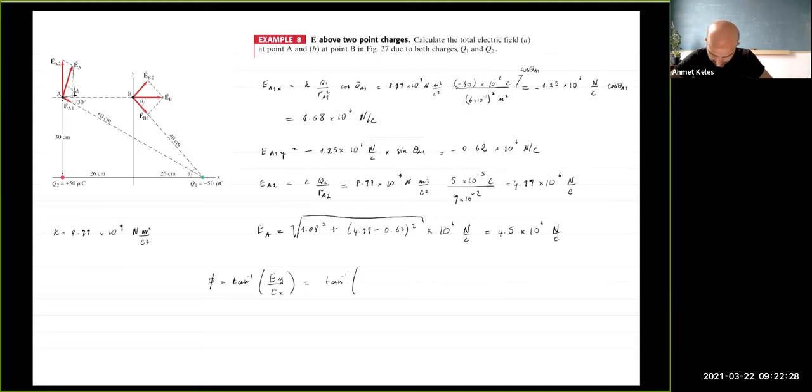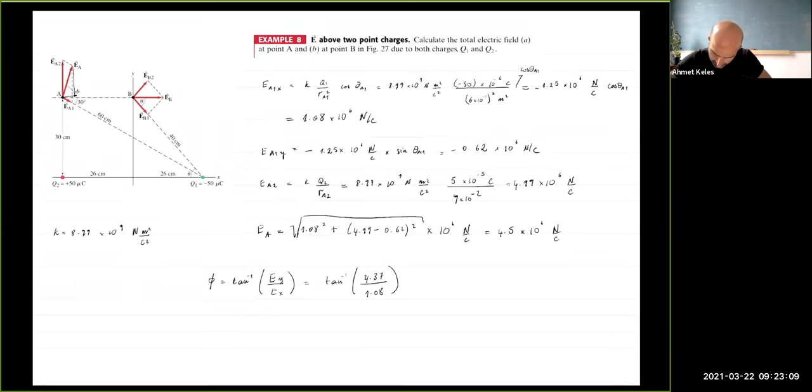So E_Y is equal to, let's do this one more time, 4.99 minus 0.62, which is equal to 4.37, divided by E_X, and E_X is equal to 1.08.